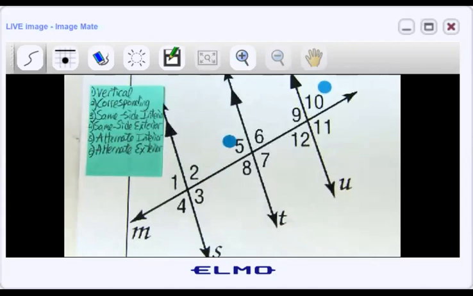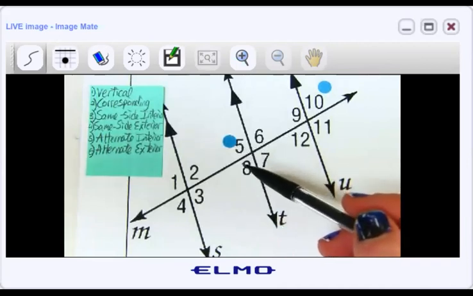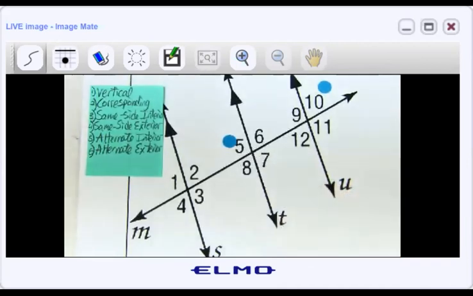Yeah, I know this gets confusing because you're looking at this. I'm just addressing everybody. So everybody look at this one. I know you're like, well, 5 is in the middle of the diagram, so of course 5 is on the interior, but that's not what interior exterior means. It means interior of the other two lines that you care about, not of the whole diagram.